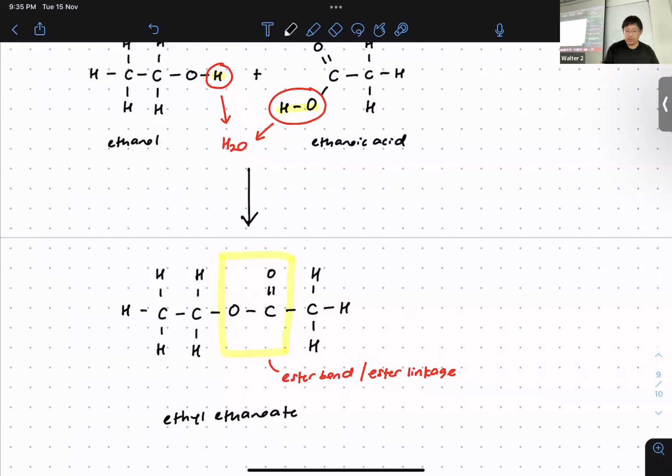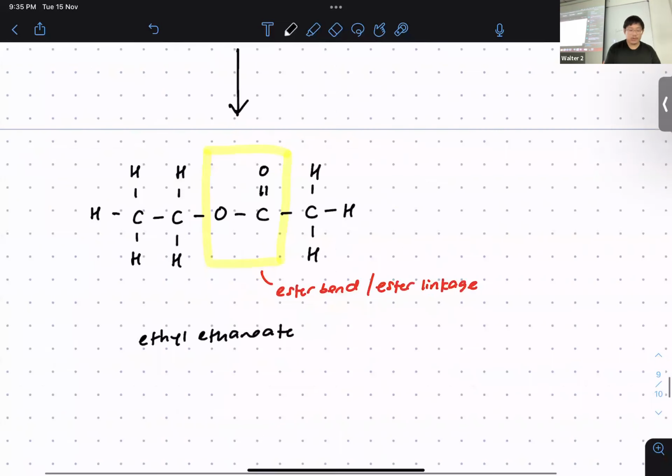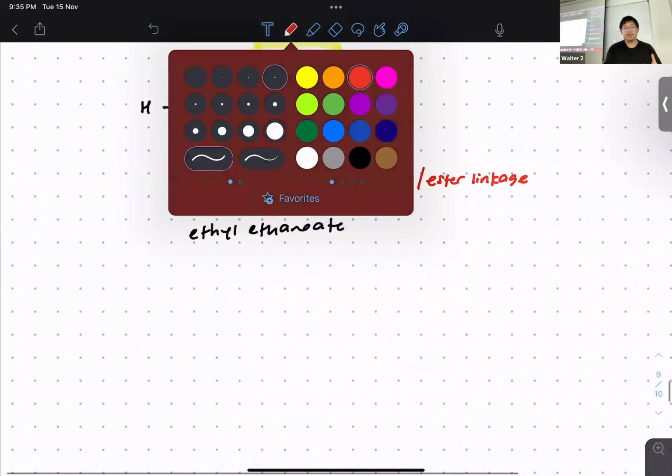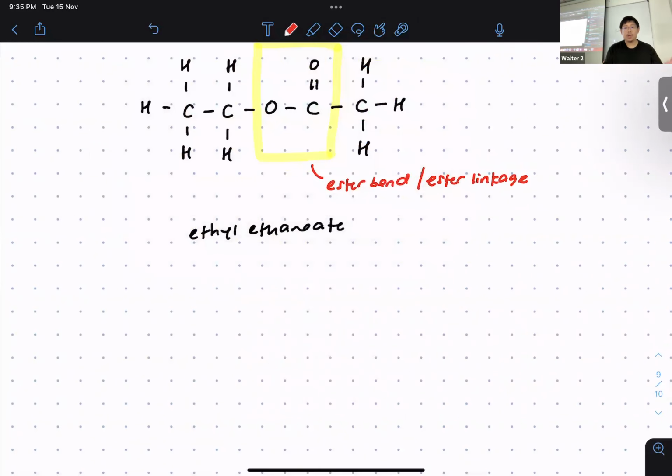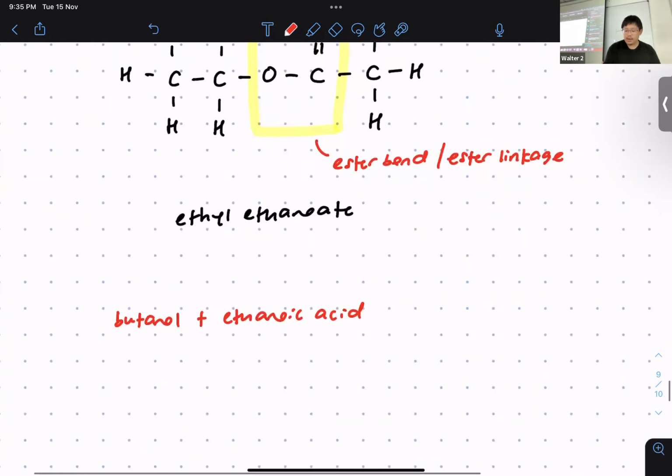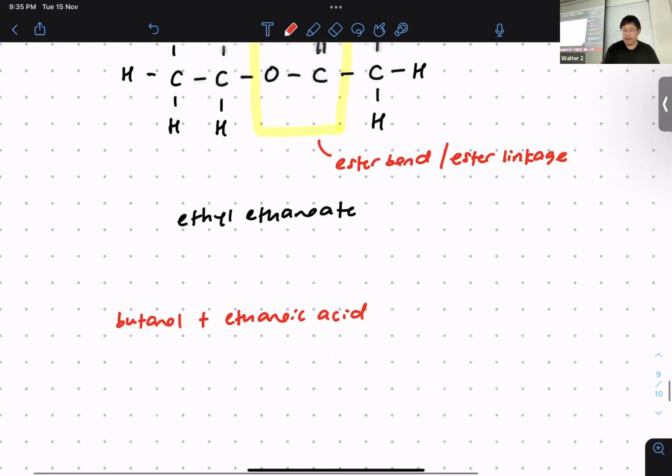So just want to give you another few examples. The naming system is very simple. It's just alcohol name, carboxylic acid name. But the alcohol name must come first, then only the carboxylic acid. Meaning to say, for example, if you have butanol plus, say, ethanoic acid, then we'll take the first part of the name from the alcohol and then only take the carboxylic acid for the back part.